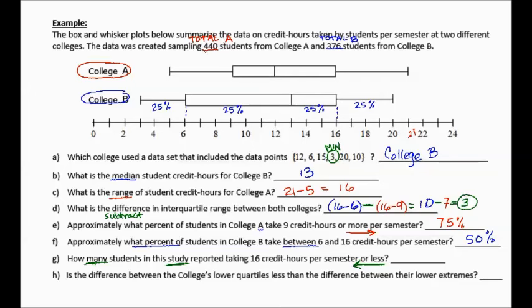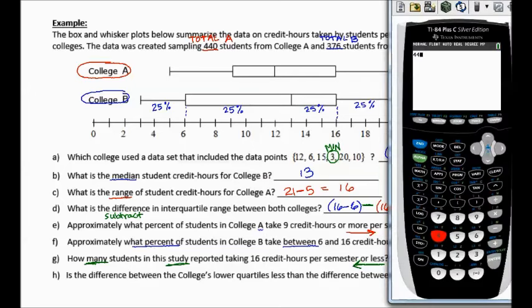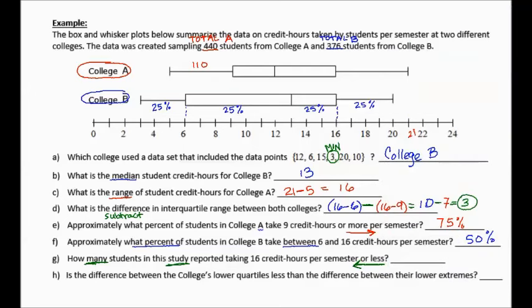For College A, if you recall, the total is 440, so if you take that 440 and divide it into 4 equal parts, you're going to get 110. So each one of these sections is 110 data points. You would do the same for College B. The total of students, data points used for College B, underlined at the beginning, is 376.